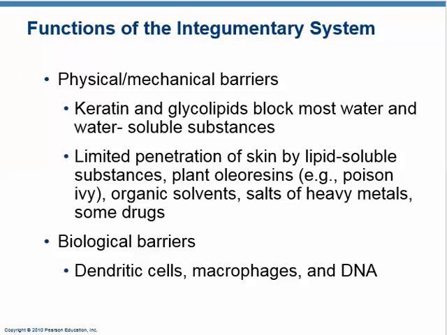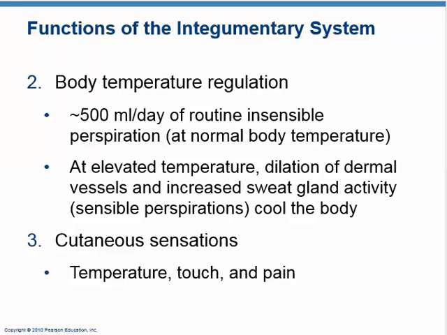There are mechanical barriers, physical barriers, which basically is the keratin and the fact that these cells are stuck to each other. Biological barriers are the living cells, the macrophages and the dendritic cells, the Langerhans cells that are actually in the skin, forming a biological barrier to anything.